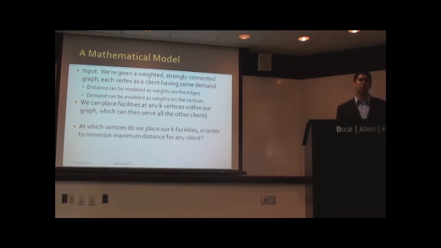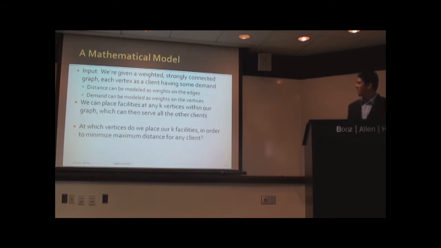For example, if it's a highway network, we may model the cost as either the fuel cost, or the time, or maybe a combination, on each edge. Similarly, the demand can be modeled as the weights on each vertex.